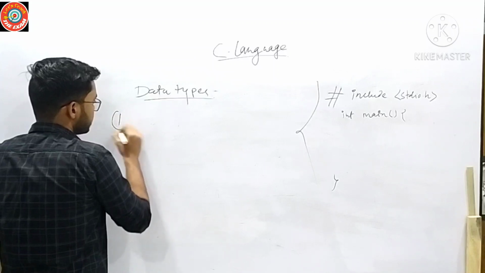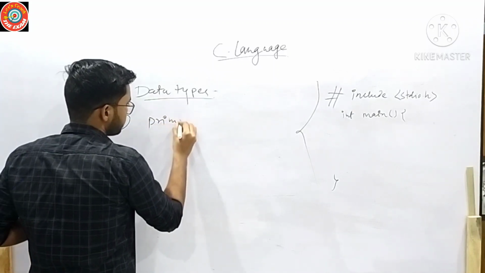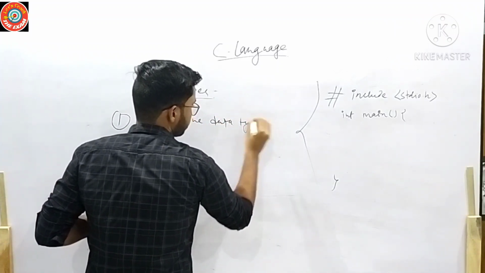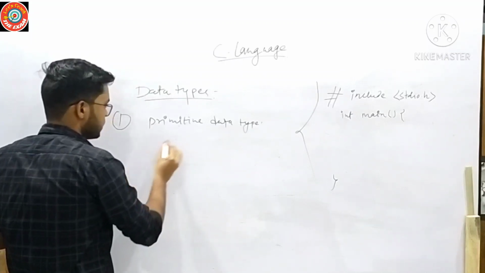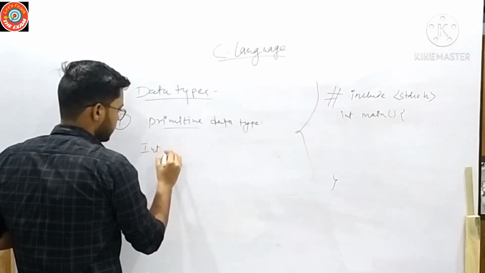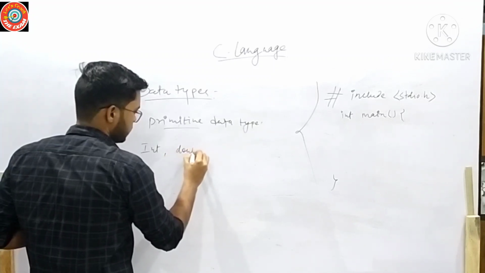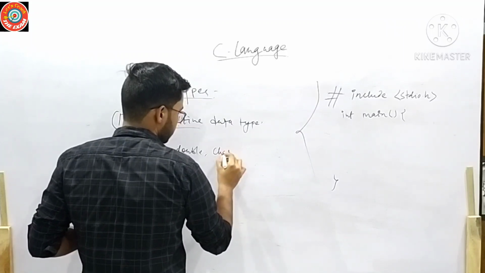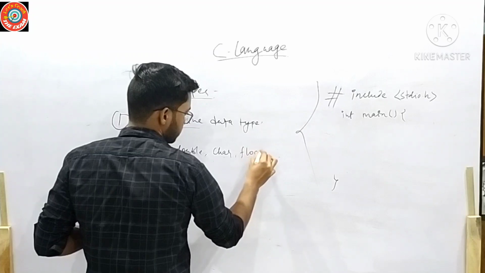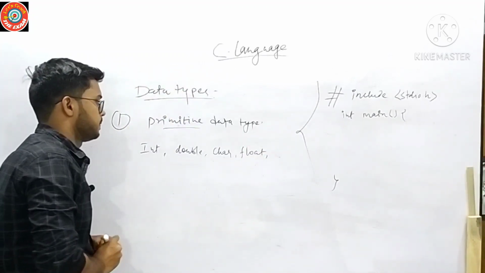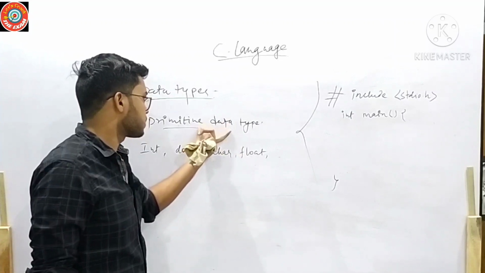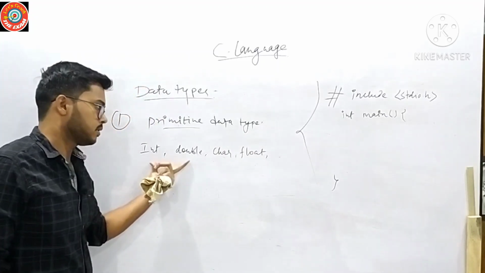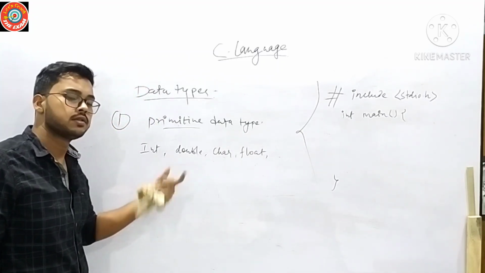The first is the primitive data types: int, double, char and float. There are some more primitive data types, but we are going to cover only these, because if we use these, we don't need to use the others.